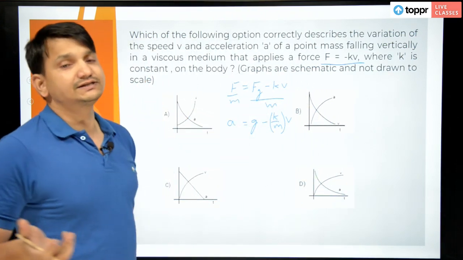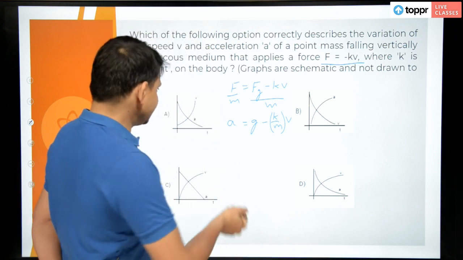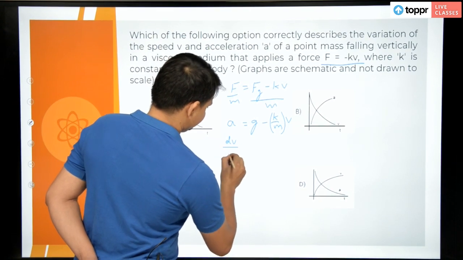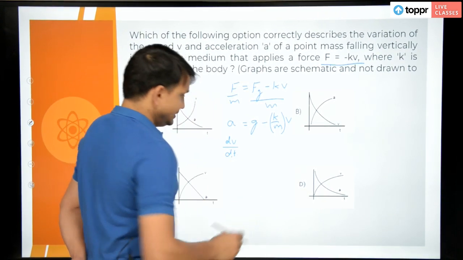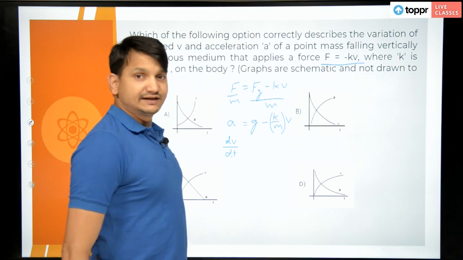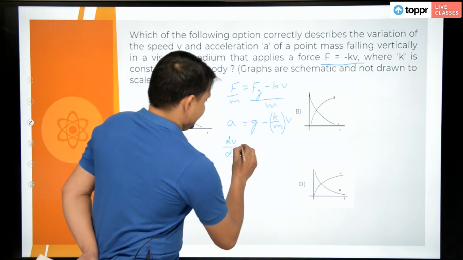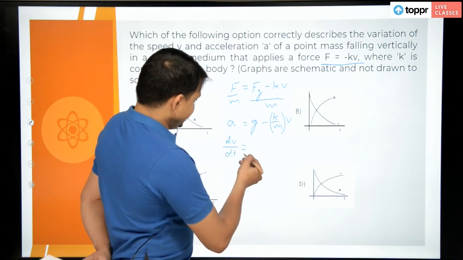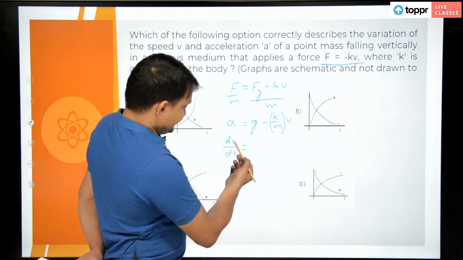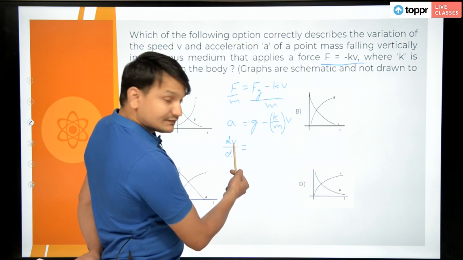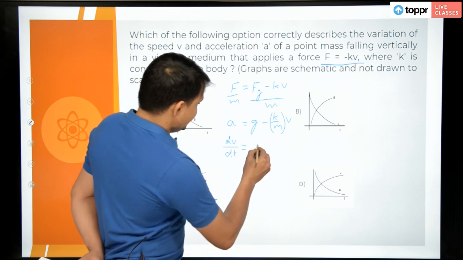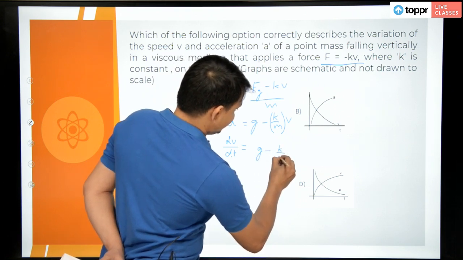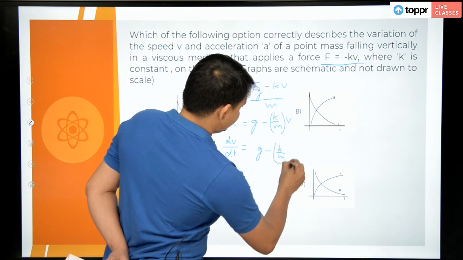Now, if you go back to the definition of acceleration, it is the rate of change of velocity. We can simply replace a by dv by dt. You see differentiation and integration is getting involved here. So, if you consider this, we are getting the differentiation of v with respect to t equal to g minus k by m times v.